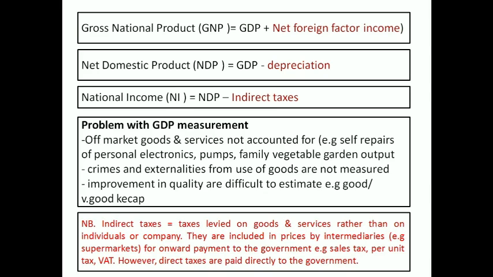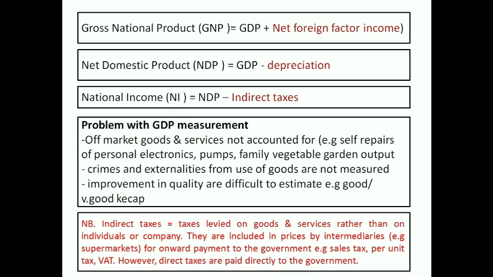The gross national product is the GDP added to the net foreign factor income, while the net domestic product is removing depreciation from the GDP. The national income involves removing indirect taxes from the net domestic product.